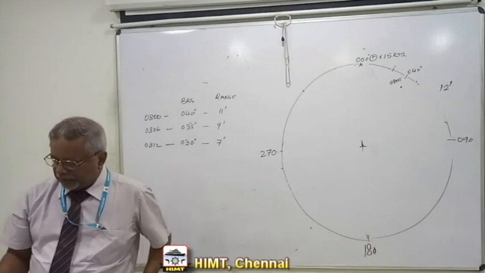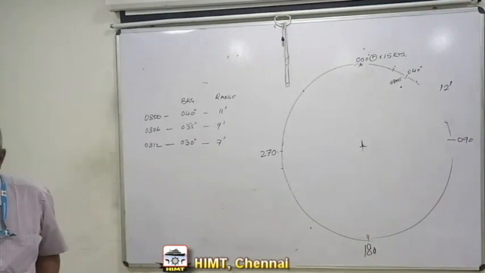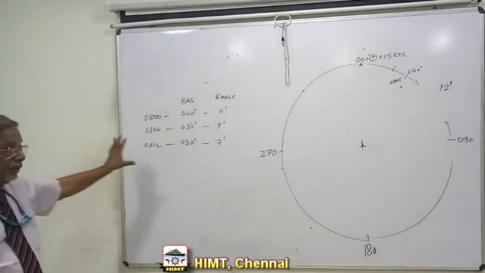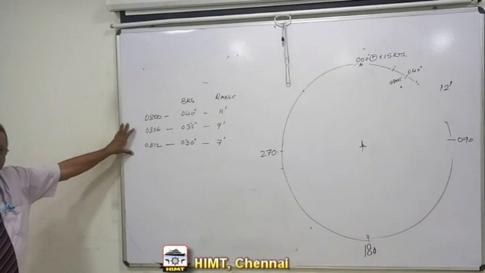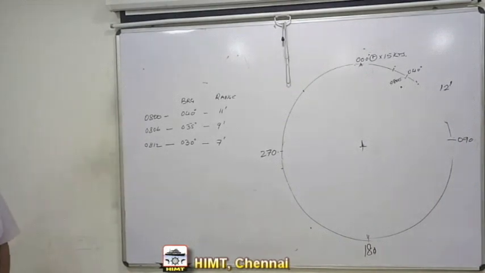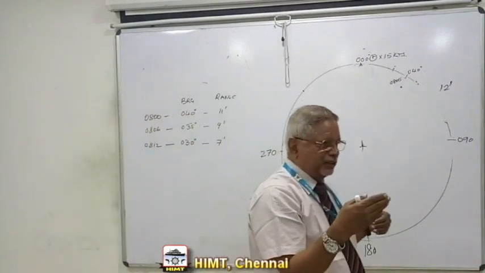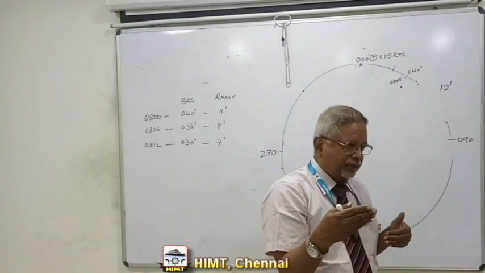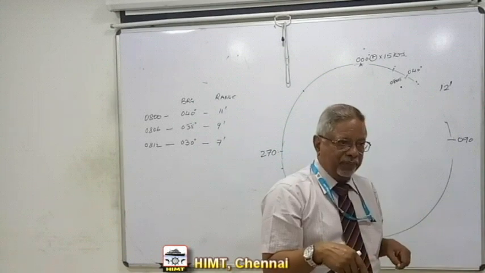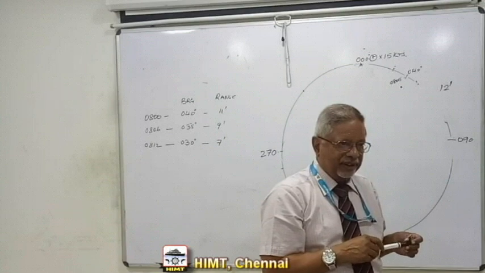As far as the scale is concerned, you must use the most suitable scale. Since the maximum range is 11 miles, you can use the 12-mile range scale. The scale which you use must be the maximum scale that can be used. Then your plot will be big and you will be able to plot accurately.